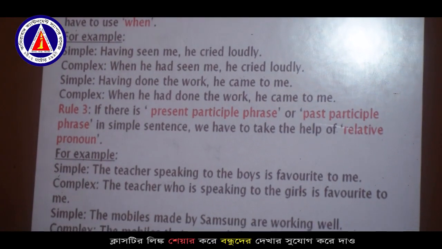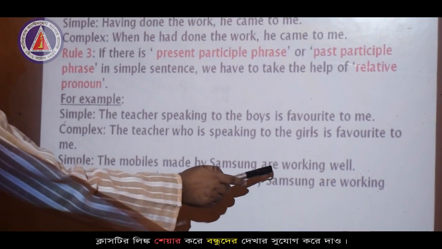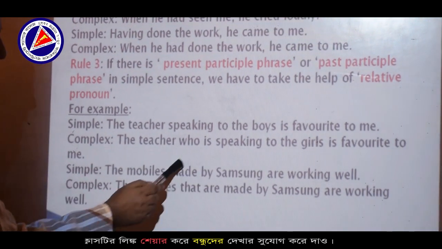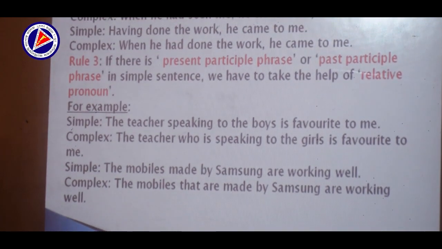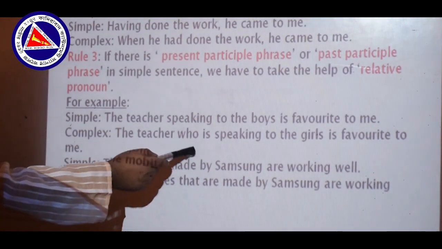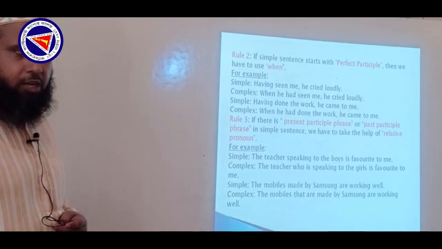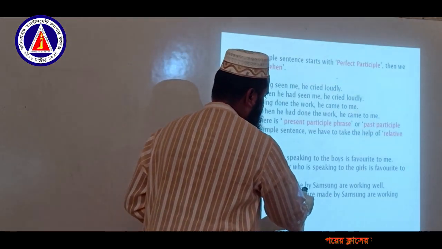Now the second example: The mobiles made by Samsung are working well. Here "made by Samsung" is a past participle phrase. So what is a past participle? When the third form of a verb does not function as a verb, but rather functions as an adjective, then it is known as a past participle.